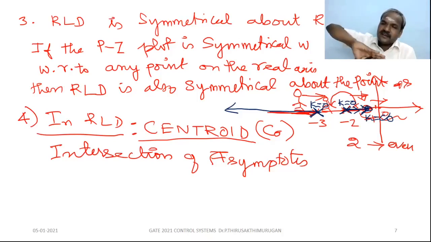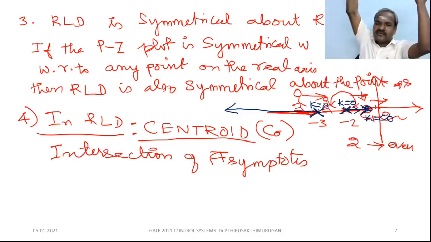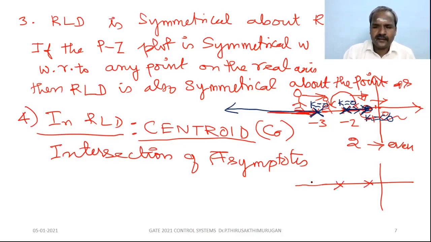When it terminates somewhere other than a zero, it moves towards infinity, where gain is infinity. Suppose one pole here, another pole here, and a zero here.